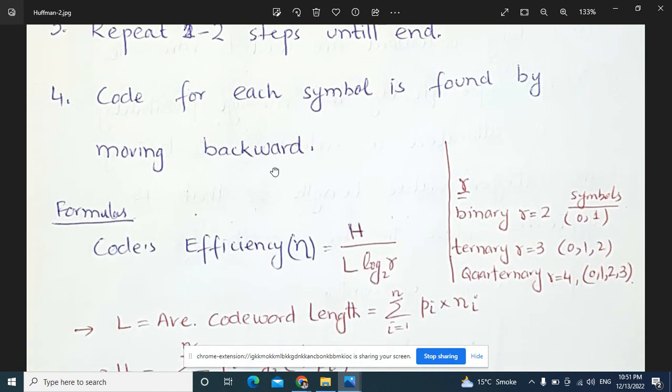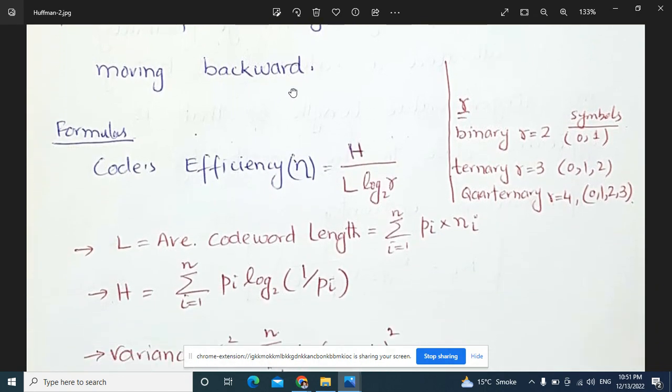So you need to consider the formulas that will be used in a few examples. The code efficiency is equal to the entropy divided by the average code word length multiplied by log 2 of gamma. Gamma is given for binary as 2, and the symbols you can use are 0 and 1.